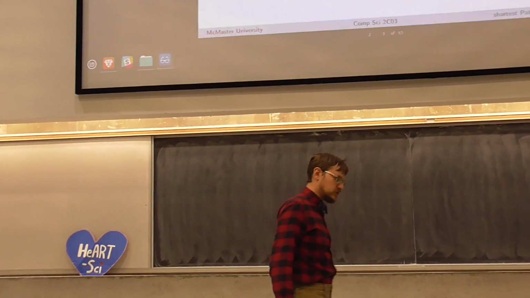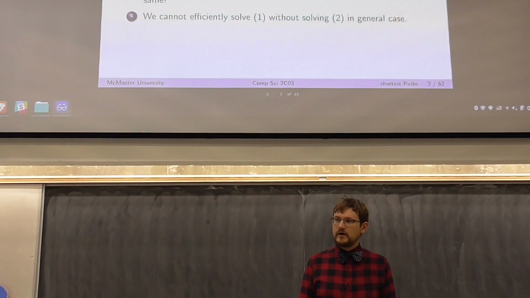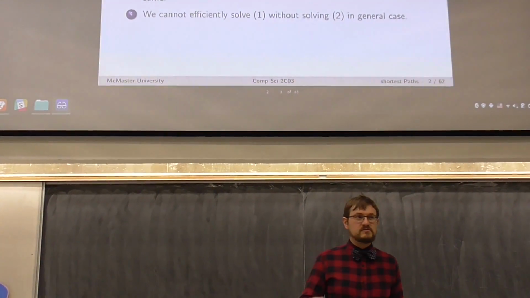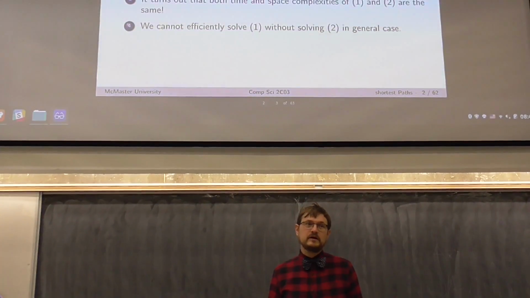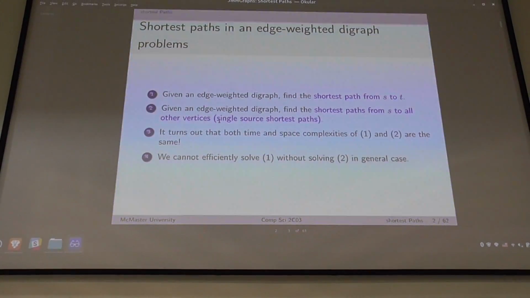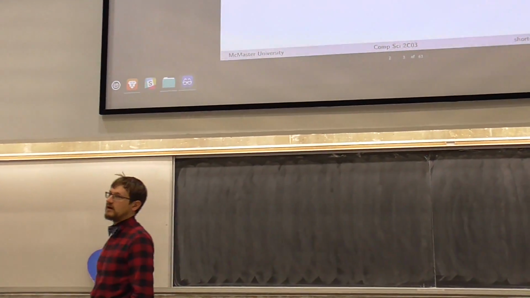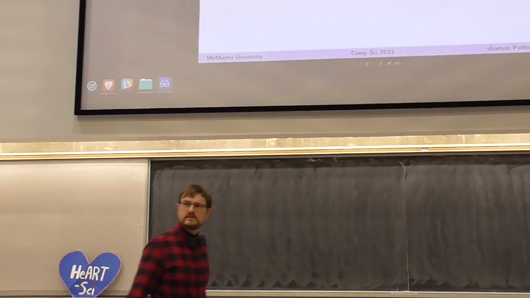Therefore, the shortest path to the intermediate points in the graph may form part of the solution to the shortest path to the point you're looking for. Therefore, in order to find the shortest path to a particular point, we must find the shortest path to all points in the graph. Make sense?